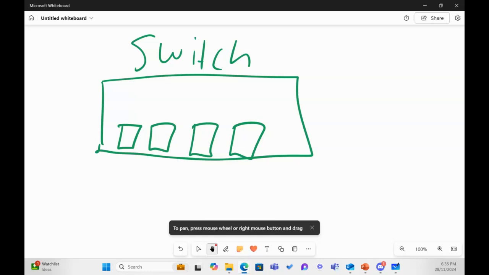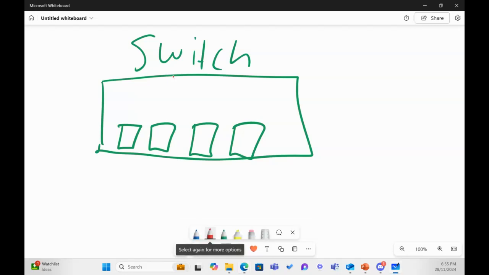It's a great device, really good, high quality, has power over Ethernet. It's going to power my IP cameras and my wireless access points. But it's only designed to allow devices on a local area network to communicate with each other. And this is how it works.